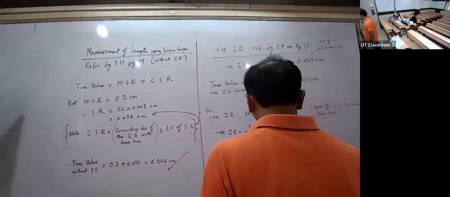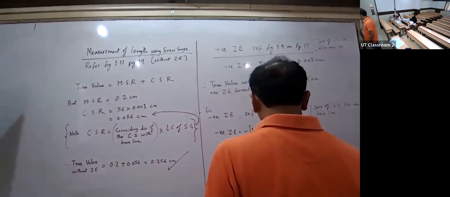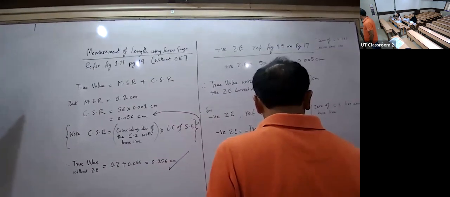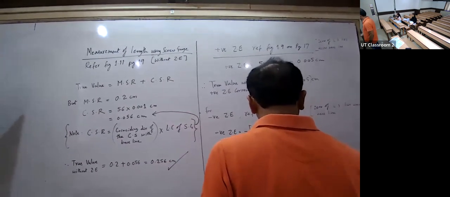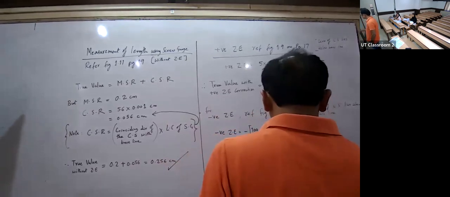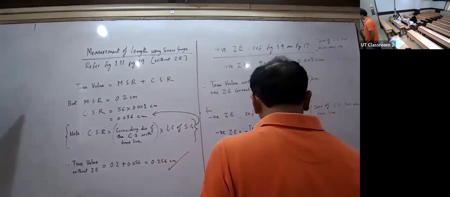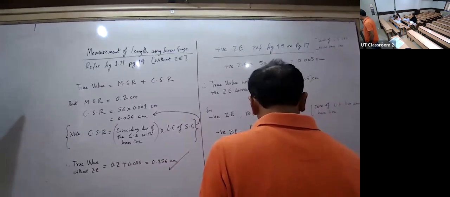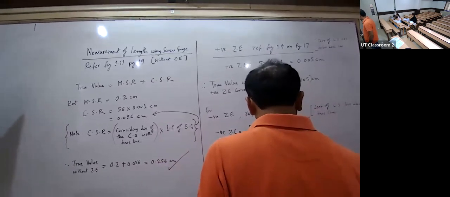This is 0.6. Which is this? Plus 6 plus 1. 0.6.